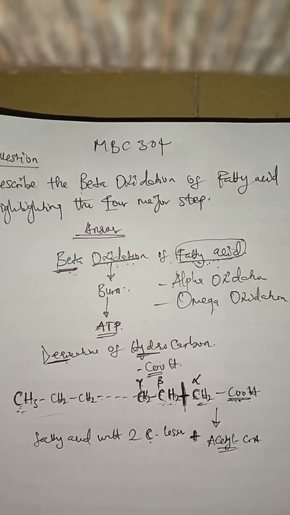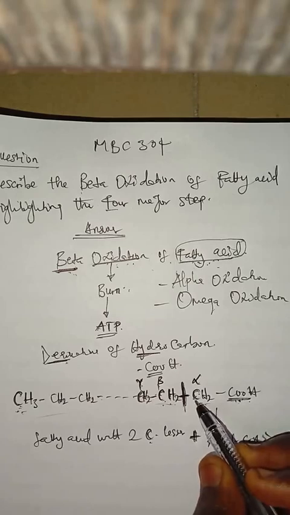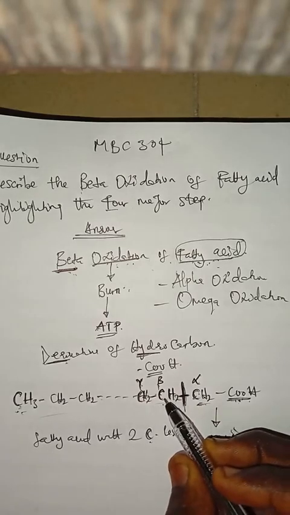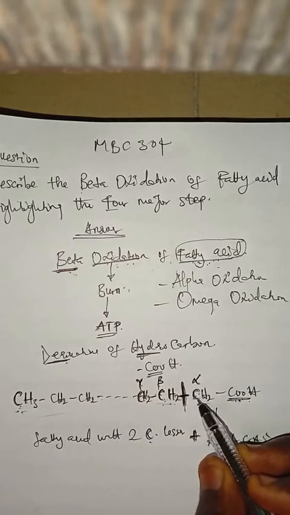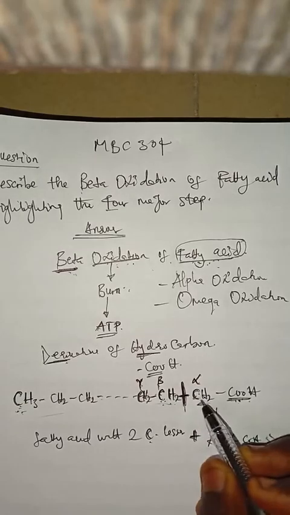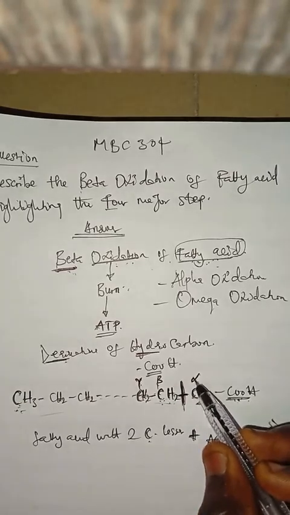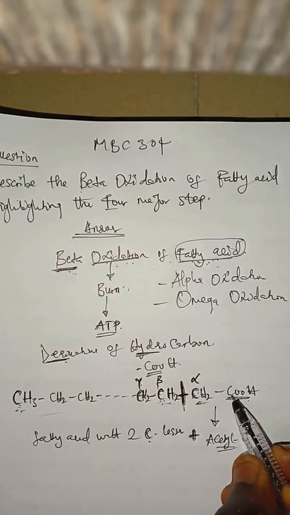If you are asked what is beta oxidation of fatty acid, in simple words, you will say it's an oxidation process in which fatty acids are being oxidized, particularly at the beta carbon. The beta carbon is between the alpha and the gamma. The alpha carbon is attached to the functional group.